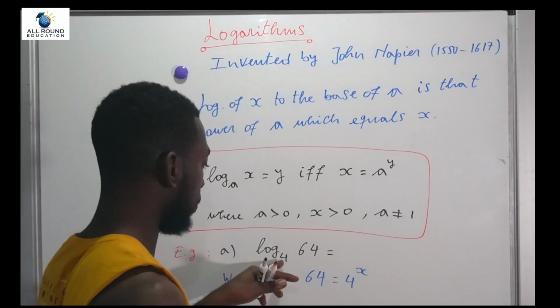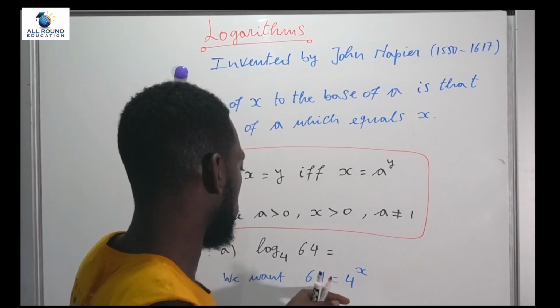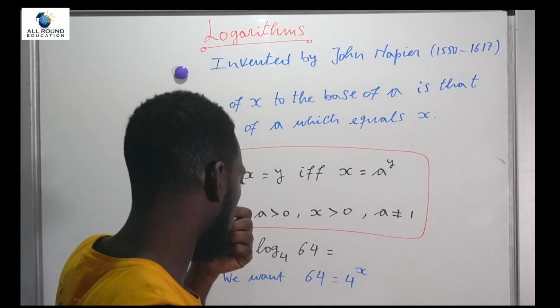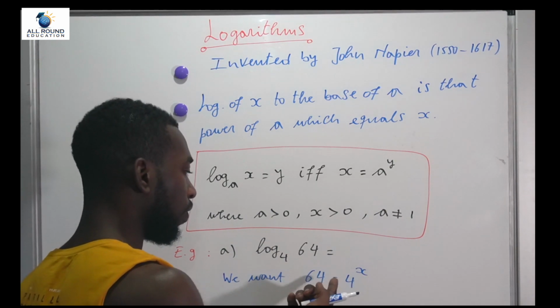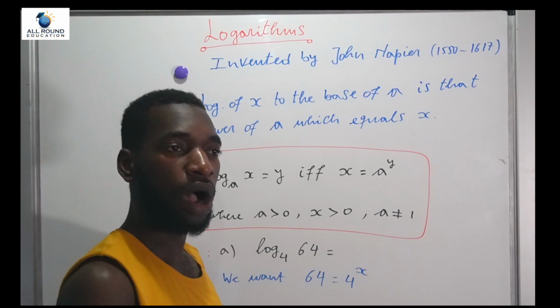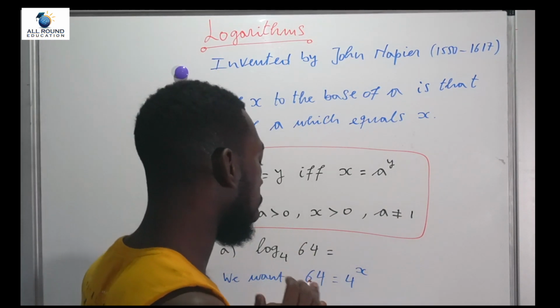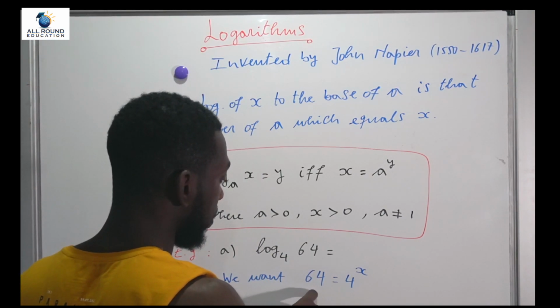This is basically what we want. Whenever they write log base 4, the base could change, but the base has to be this way. Now how do we work out this? The way you would solve this is to think, what number can we raise 4 to, to get 64? The only option really is to convert this to make the base the same.